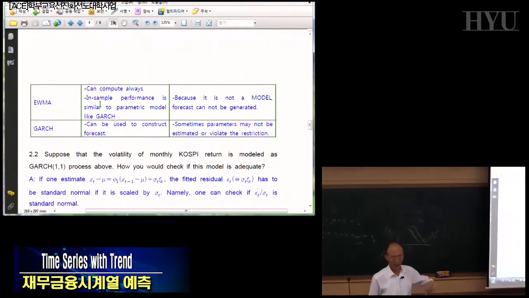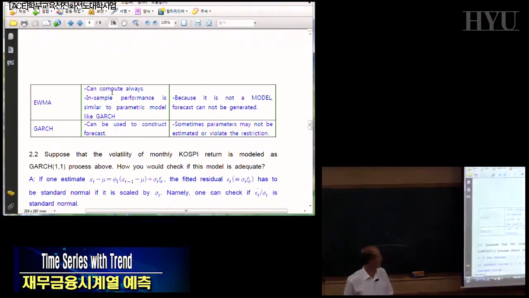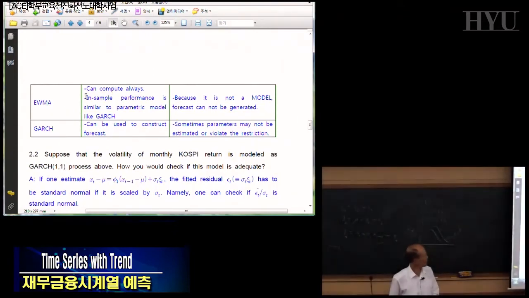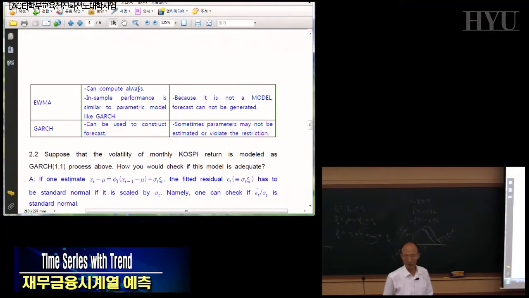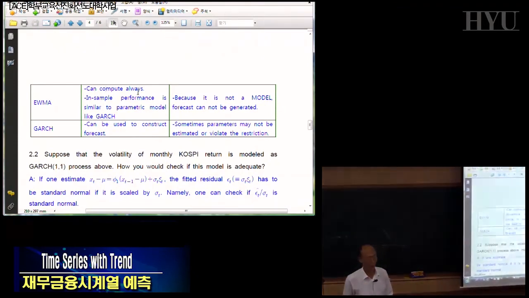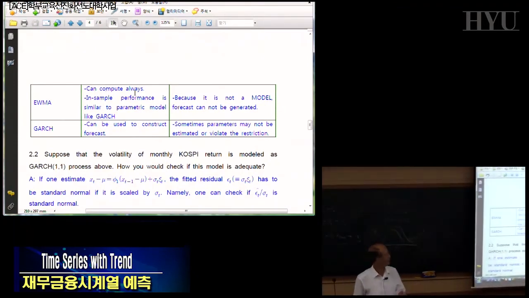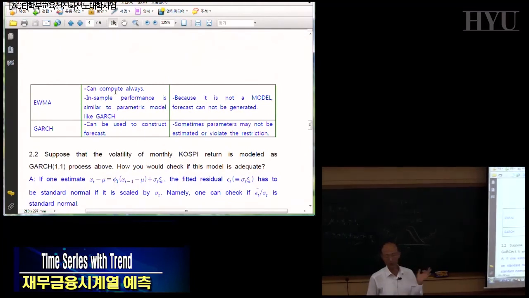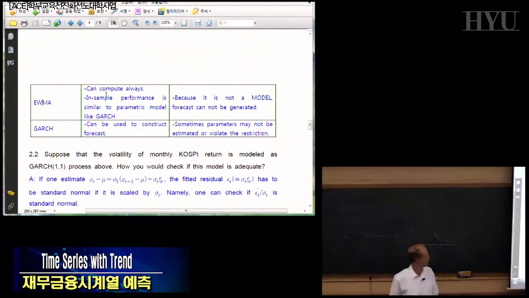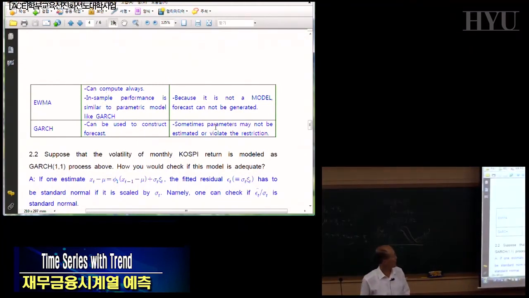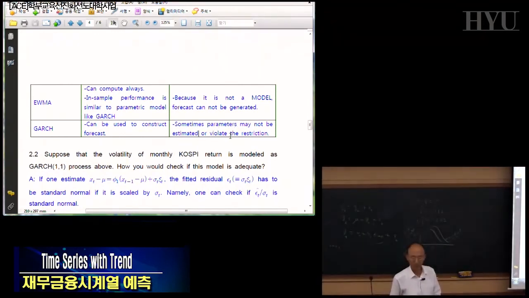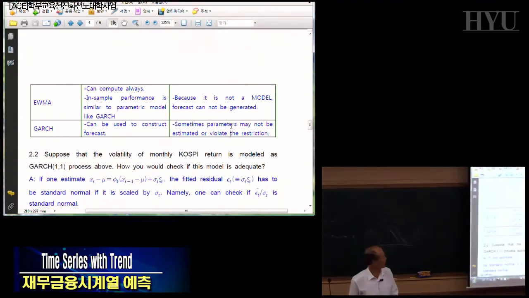So you can add more, but minimal thing, EWMA measure can be computed always. It's not a model, so you can compute it anytime you want. Right? But sometimes, parameters may not be estimated. So in that case, cannot calculate it.